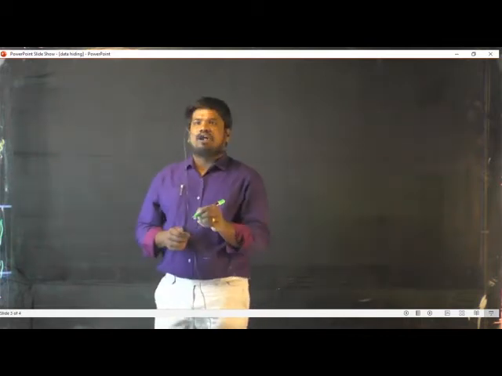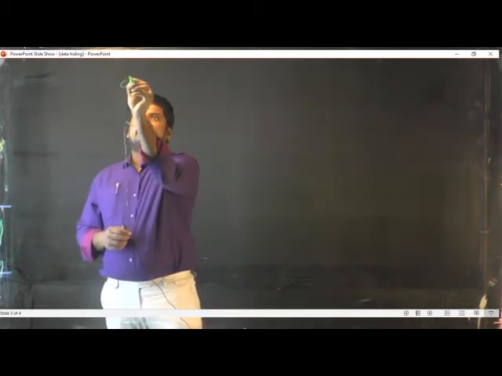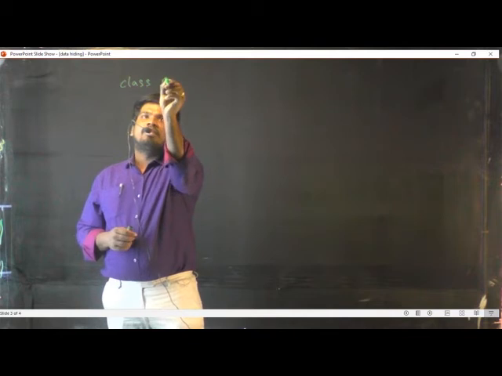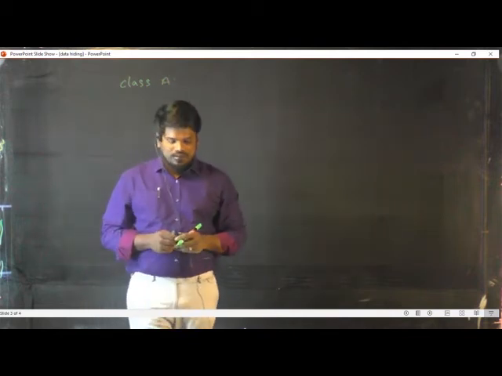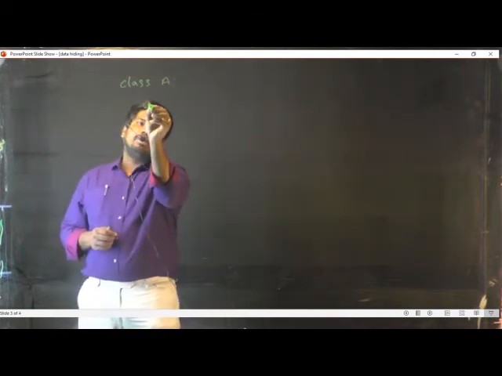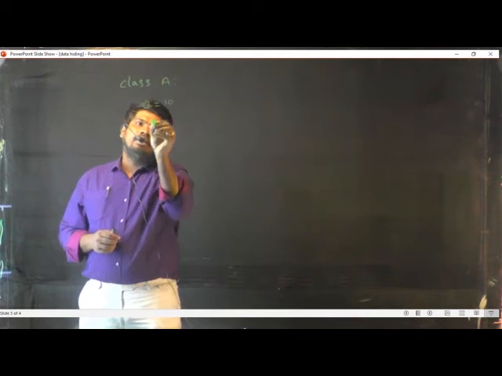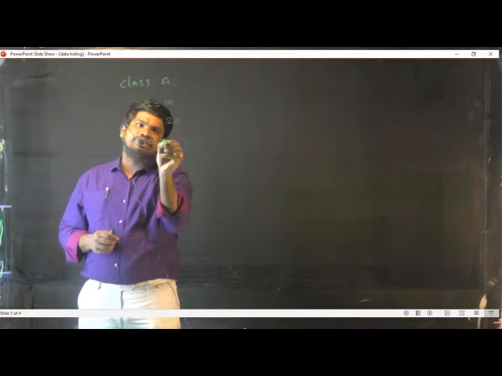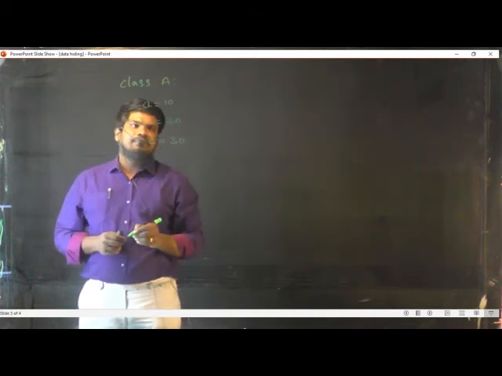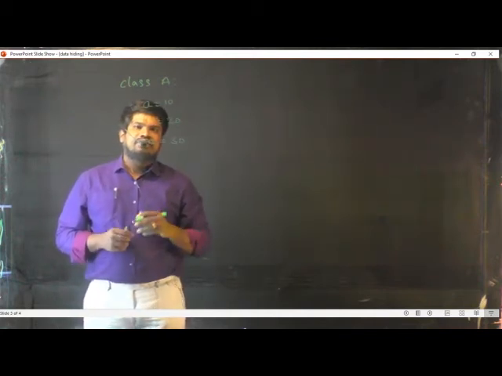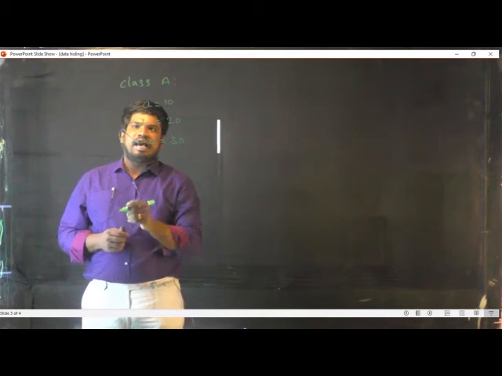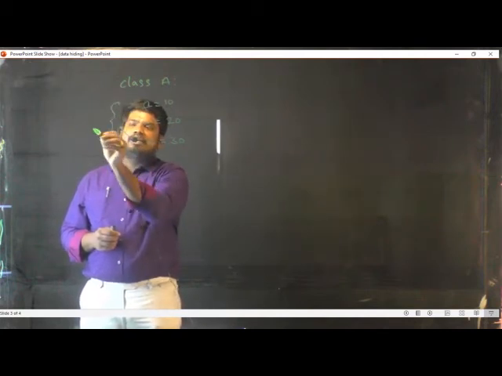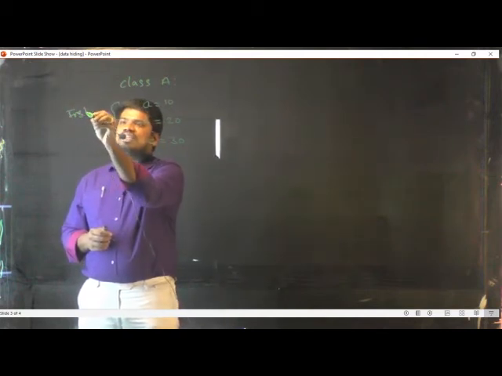Observe carefully. I'm taking a class A, and here A is equal to 10, underscore B is equal to 20, underscore C is equal to 30. So I have taken three identifiers, and all these are instance variables.